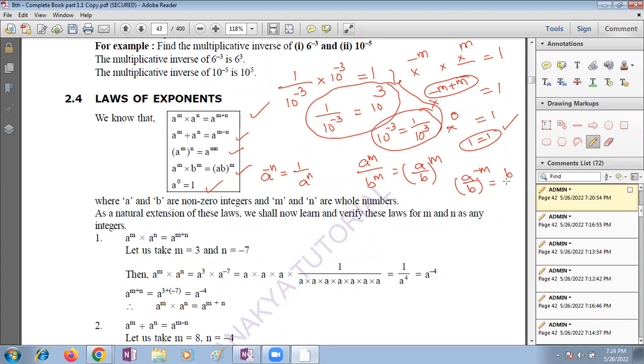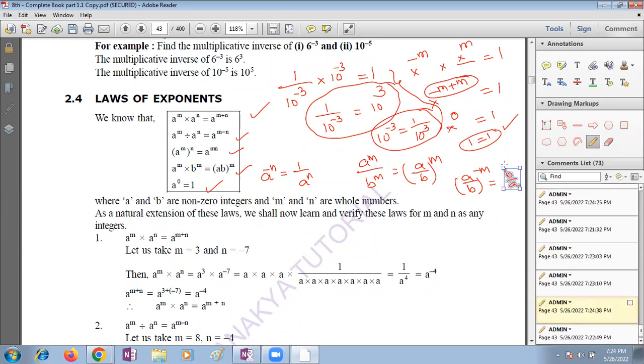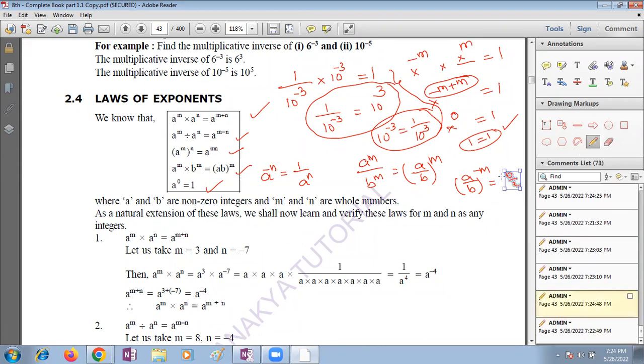Reciprocal means b by a, and minus m becomes positive m. Power positive m, not negative. This is more important, children. You will learn this when we do b by a whole power m, which is the same as this.